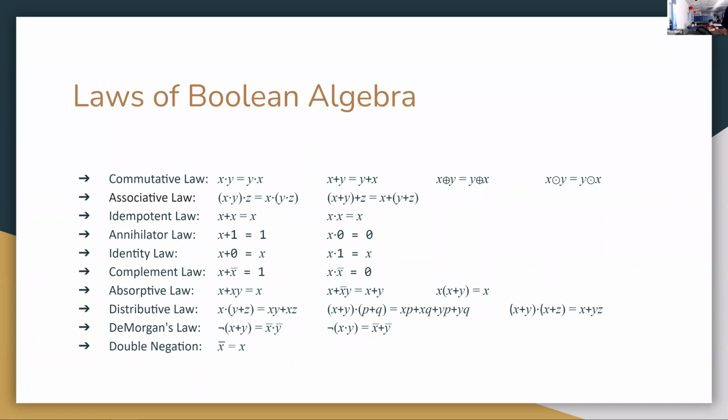Absorptive law is that when you have x or x and y, then this is the same as x. And with a not part of x, you get this. Oftentimes you'll see these laws applied, because you can simplify that operation into one part. And this you can also take one part out of this operation and simplify the whole thing.